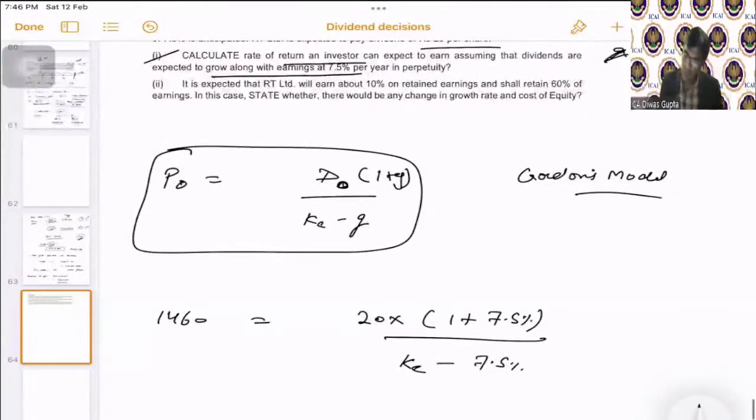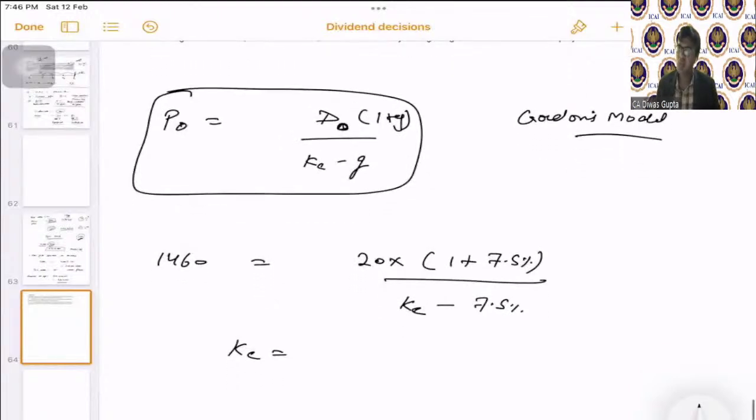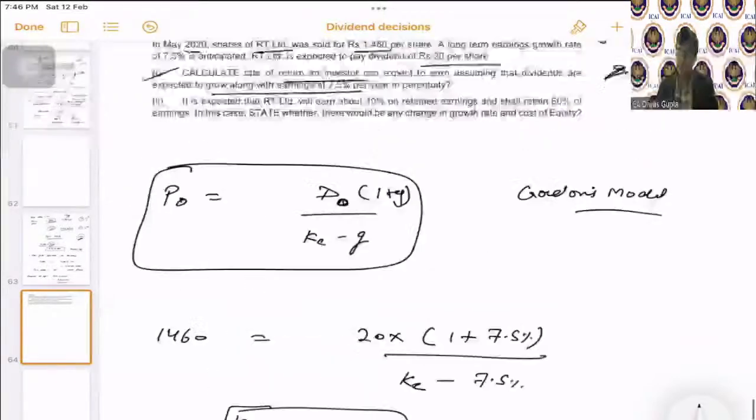Okay, so if we solve this, KE becomes 8.97. This is the first part of the question.